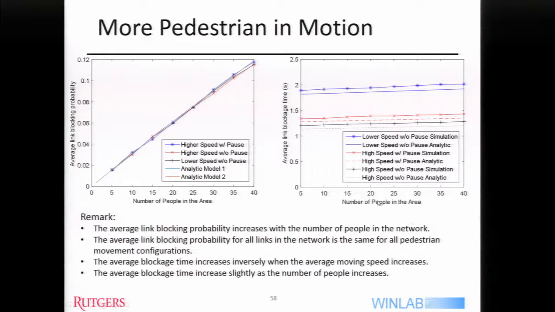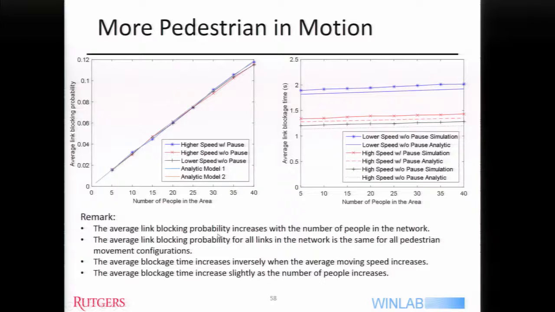And we found that our model for the average link blockage time, for people moving at different speeds, is a little bit of an underestimate compared to the simulation result, but it's quite close, and the trend is similar.